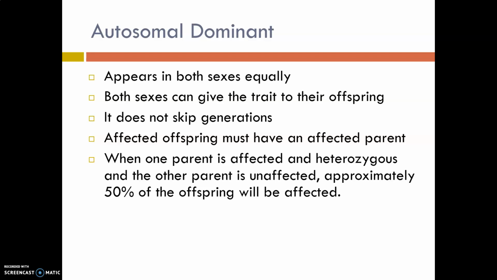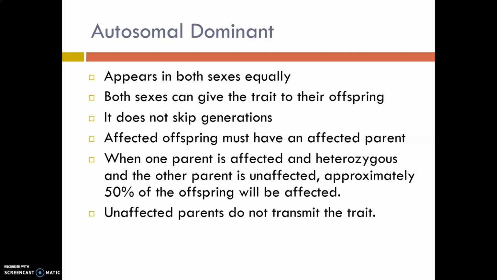So you kind of have to infer the fact that they're heterozygous by looking at what their offspring have. Okay. So when one parent is affected and is heterozygous, and the other parent is unaffected, about 50% of the offspring will be affected. So if you're looking at a pedigree and you see an affected parent that mates with another unaffected parent, okay, and you see about half of their children are affected, then you should be thinking autosomal dominant.